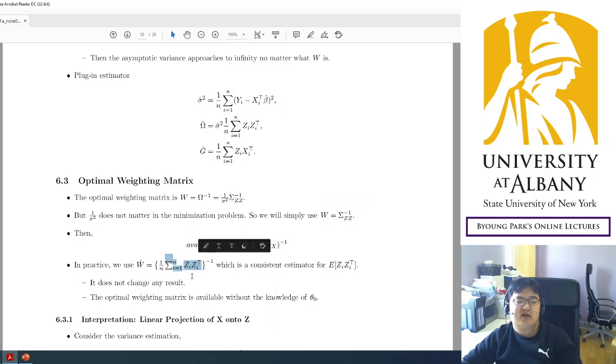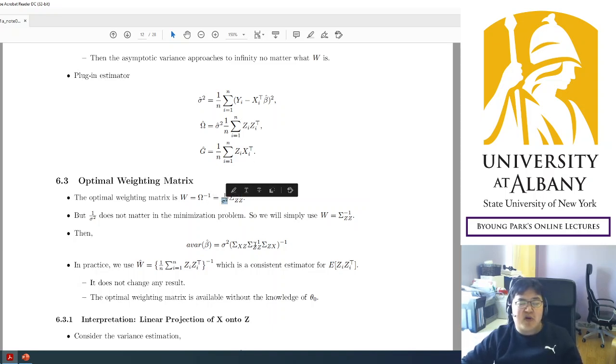So that could be your weighting matrix. That is the second best answer. But the first best answer is that sigma squared does not matter because it is one-dimensional. Multiplying by sigma squared or not does not change your maximization problem, so it does not change your minimization problem at all.